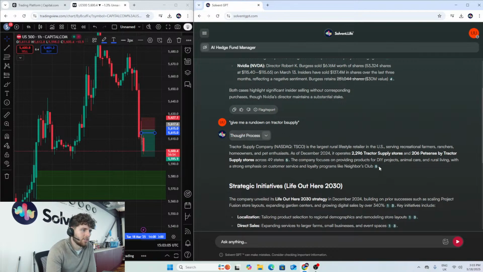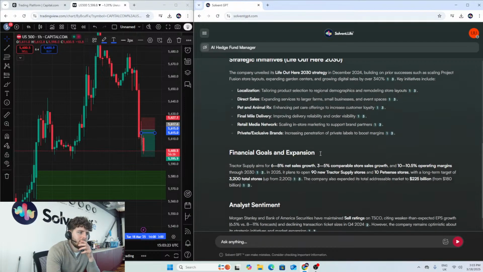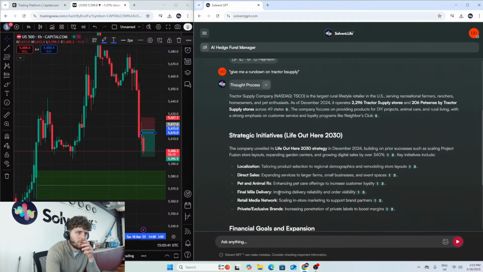Rundown on Tractor Supply. So Tractor Supply is the largest rural lifestyle retailer in the US. They have 2,300 Tractor Supply stores. Tractor Supply aims for 6 to 8% net sales growth. Plans to open 90 new stores and 10 new pet stores, with a long-term target of 3,200 total stores, up from 2,200.